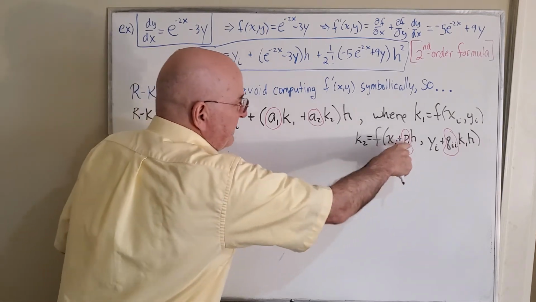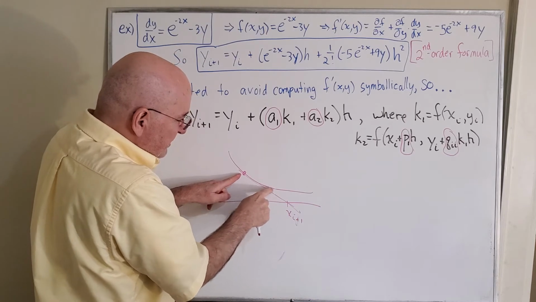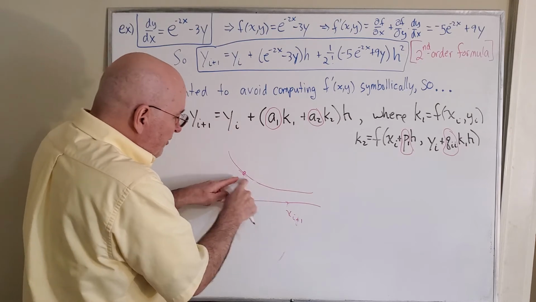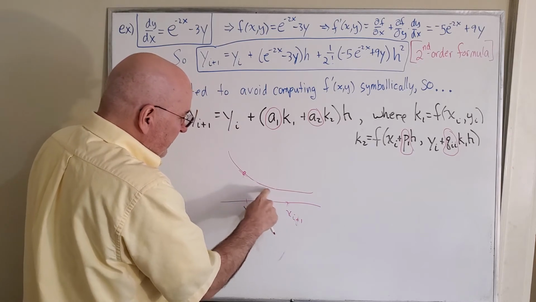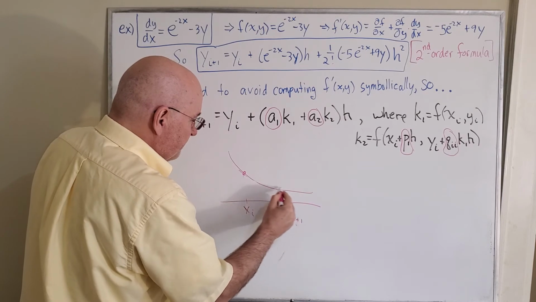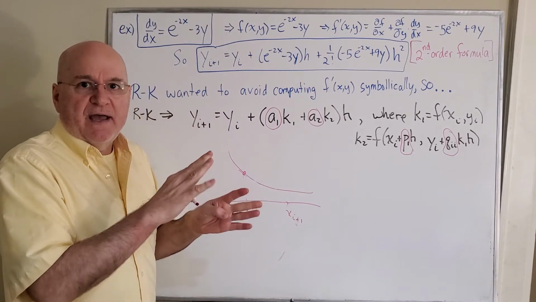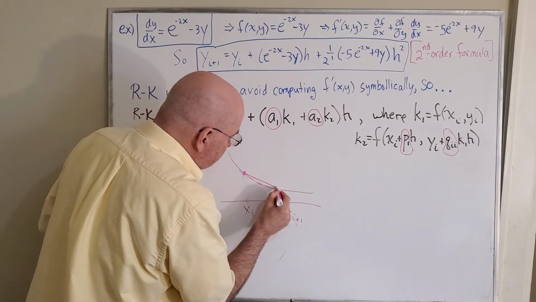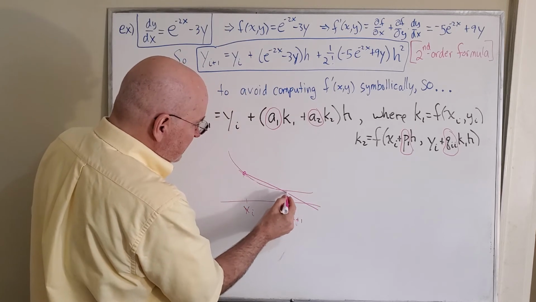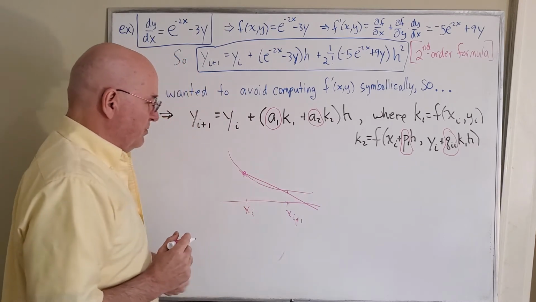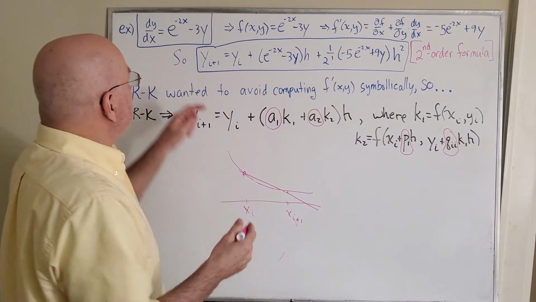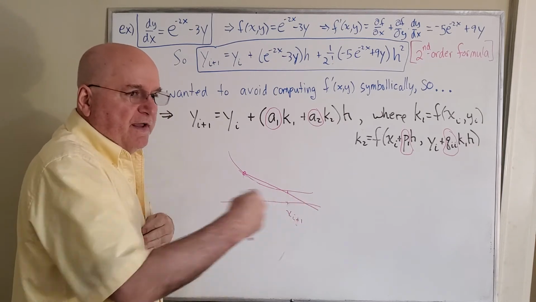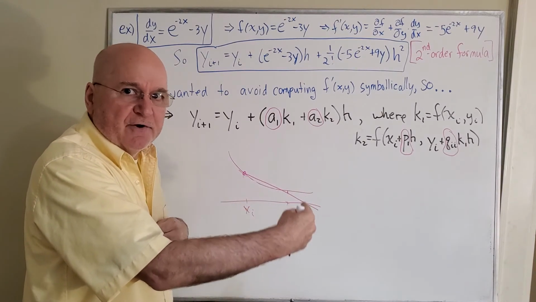Why not move ahead some and compute another slope, depending on what the parameters are, somewhere in between the two, maybe somewhere in here, and notice the slope here is closer to 0. Maybe average them in some way, weight them in some way, so we get something that looks more like this. And notice how much closer it is to the actual value at x_{i+1}. So we're using this f of x, y where we are, and then kind of in the direction of where we're going as well to get a better estimate of the slope.